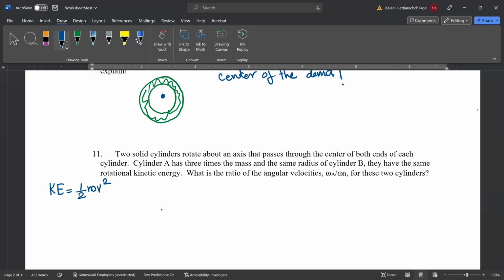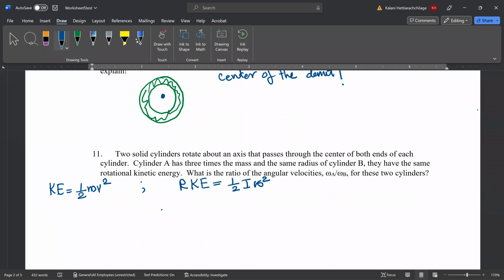But when you come to rotational motion, I have rotational kinetic energy, RKE, or you can say kinetic energy of rotation. So rotational kinetic energy equals half I omega squared. Okay, that's the rotational kinetic energy.